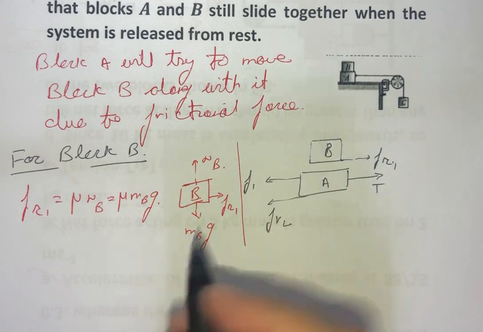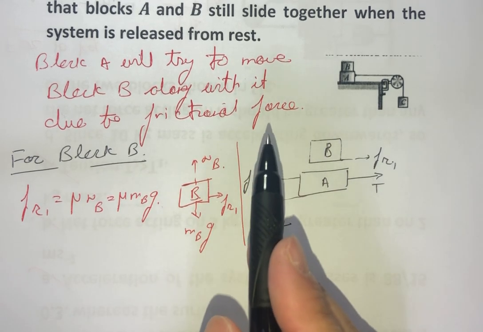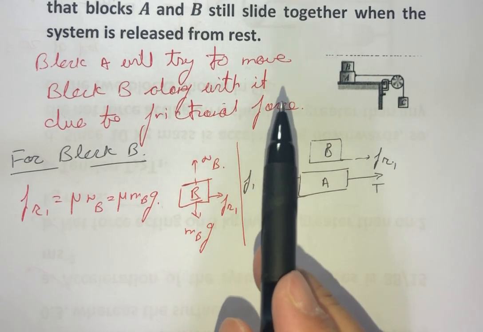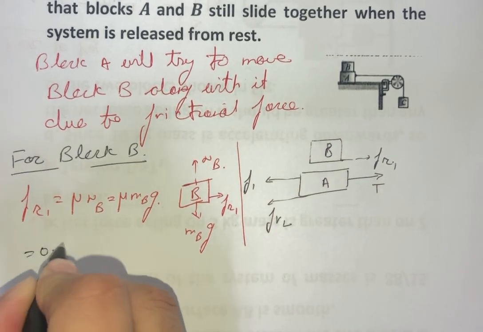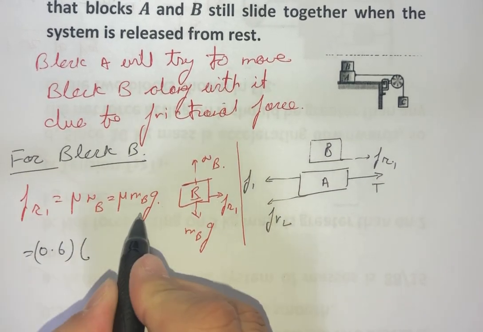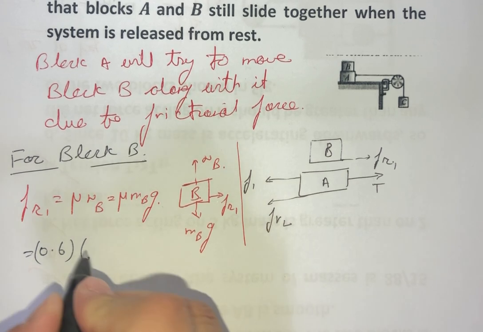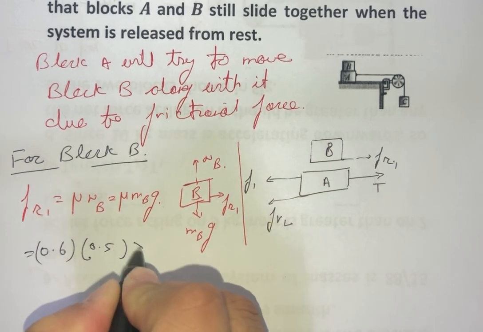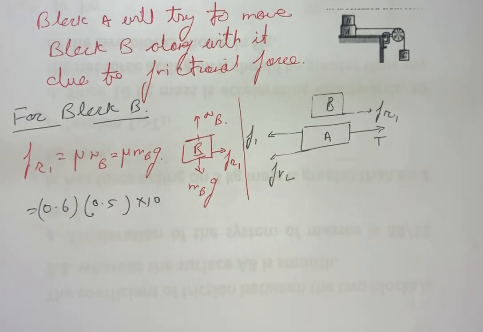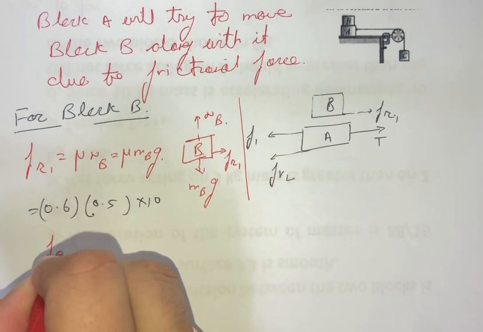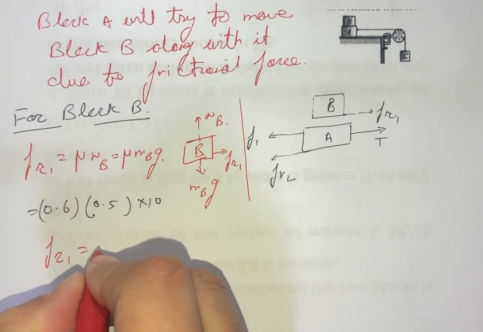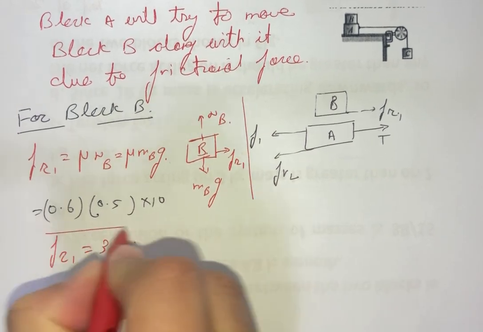Here mu is already given as 0.6, so we substitute the value, we get 0.6. Mass of block B is given as 0.5 and g is taken as 10, so we find that Fr1 will be equal to 3 Newton.